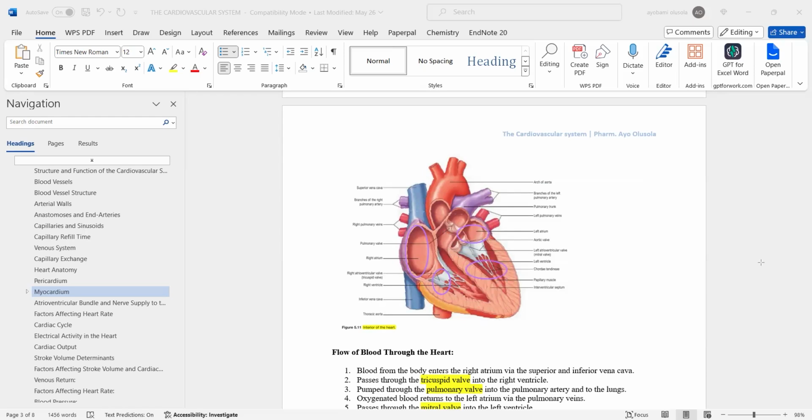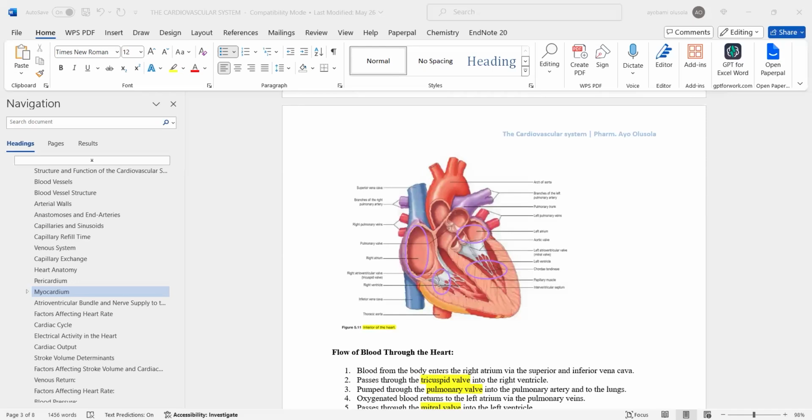So the heart has 4 chambers and is divided into 2 sides, the right and the left side. The right atrium is one chamber, the right ventricle is another chamber, the left atrium is one chamber, the left ventricle is another chamber. Okay, so for the valves of the heart, this is one.